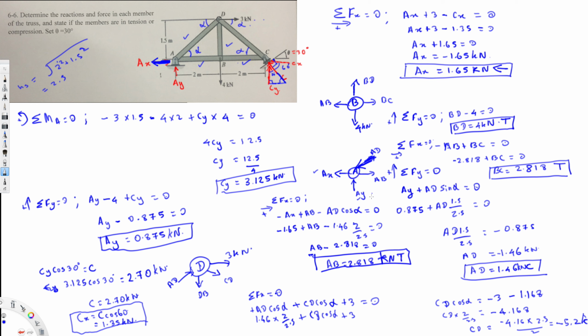This direction we took for CD, the answer is opposite direction, so we know this is in compression. Therefore CD is equal to 5.2 kilonewton compression. So that's all we have to find. We have found AD, AB, BD, CD, and BC. That's all we have to find.